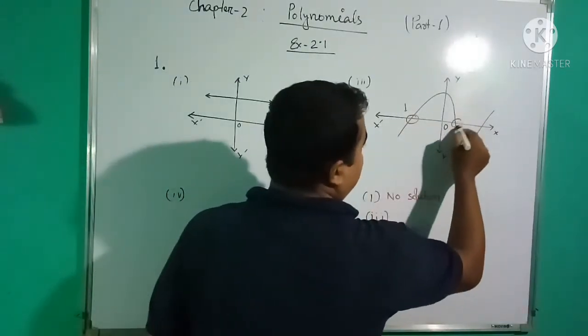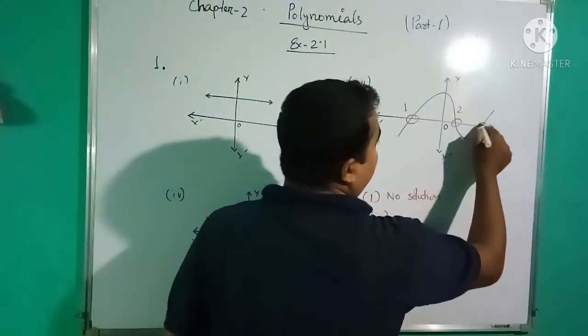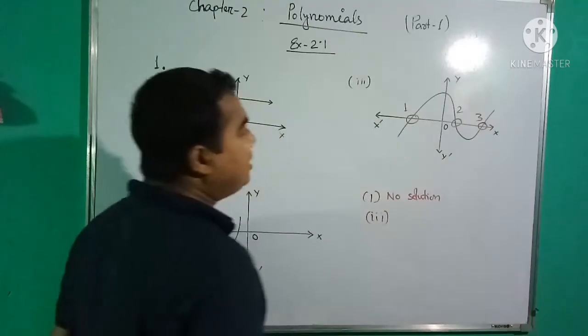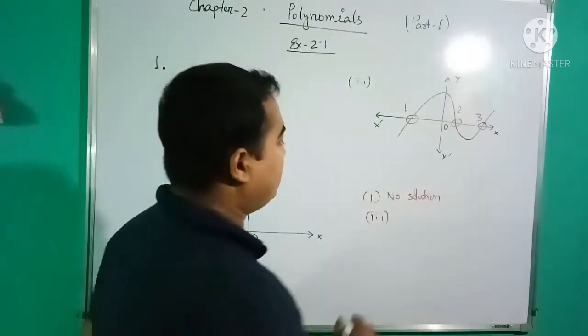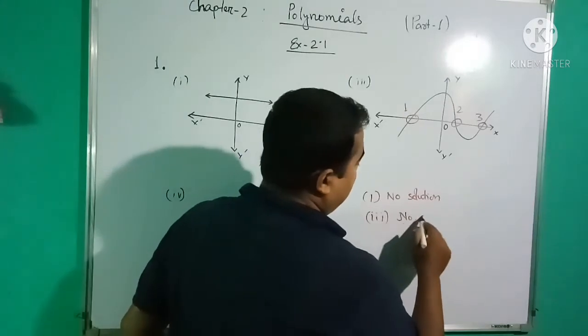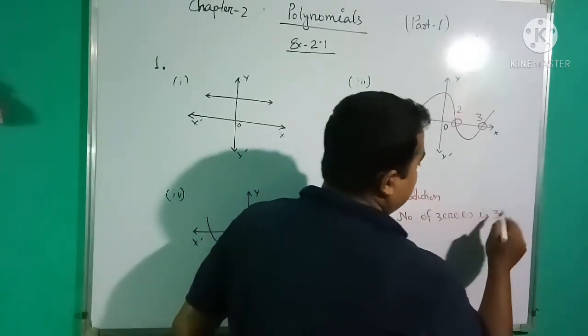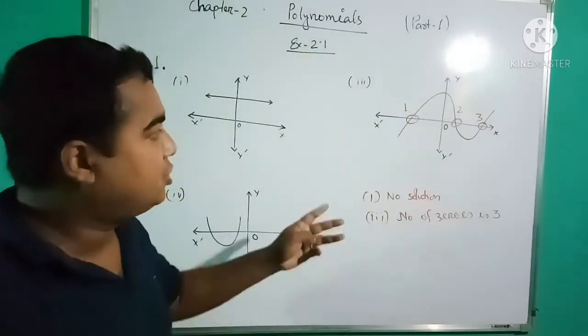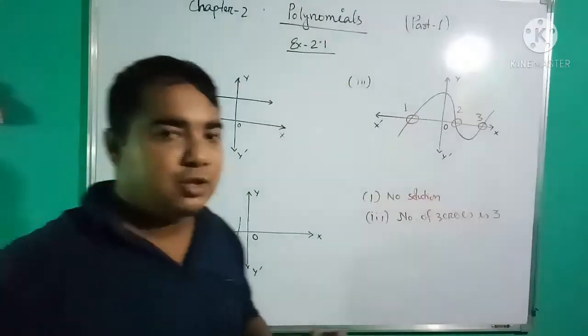Next it intersects here, point number 2, and the third intersecting point is this one, means 3. How many intersecting points? There are 3 intersecting points. Therefore the number of zeros is 3. How many zeros? 3 zeros, because there are 3 intersecting points on the x-axis, not depending on the y-axis.